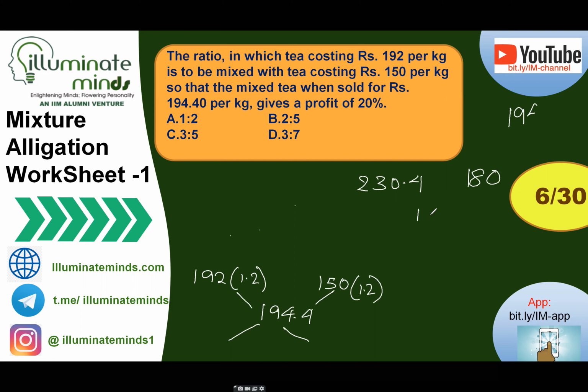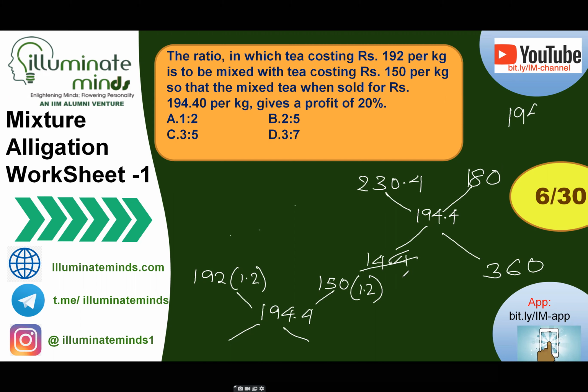Now play the allegation between these three. So 194.4 minus 180 will be equal to 14.4. 230.4 minus 194.4 will give me how much? 36. Correct.